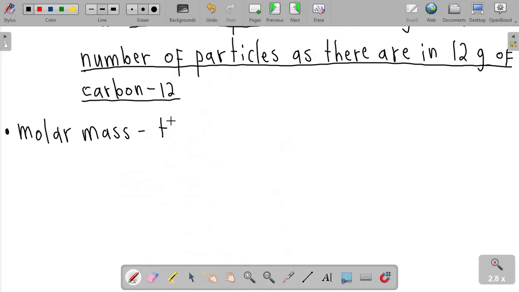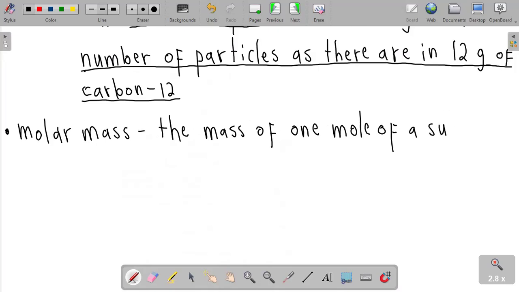It's the mass of 1 mole of a substance. That's what molar mass is.